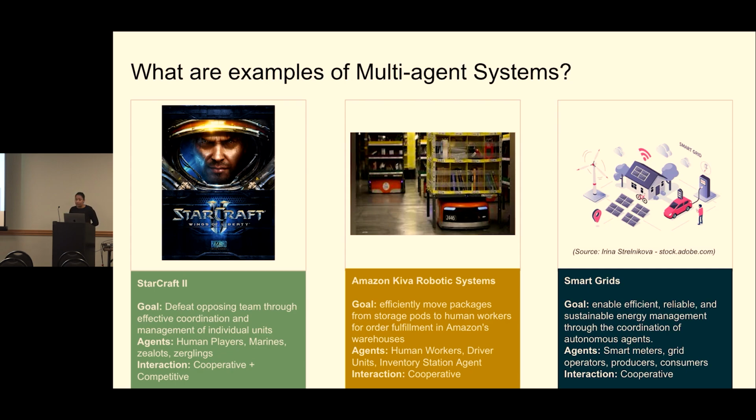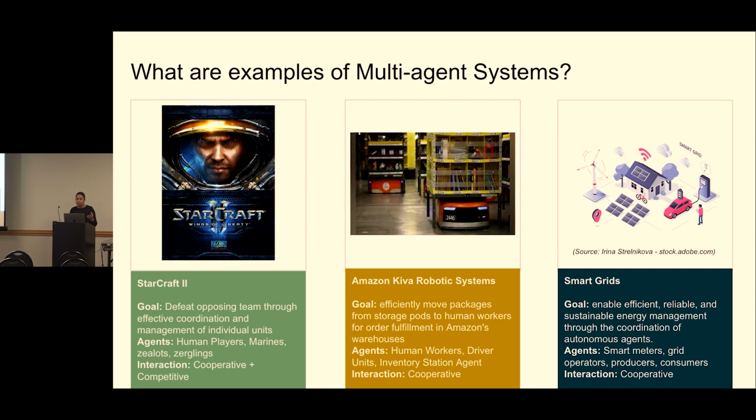My favorite is the smart grid system. This has been in design and in execution for, I would say, the last 20 years or so. Colorado has attempted it. I'm from Chicago, and we've actually made lots of headway in getting smart meters out there. The goal over here is enabling efficient, reliable, and sustainable energy management. And there are a lot of autonomous agents, right?